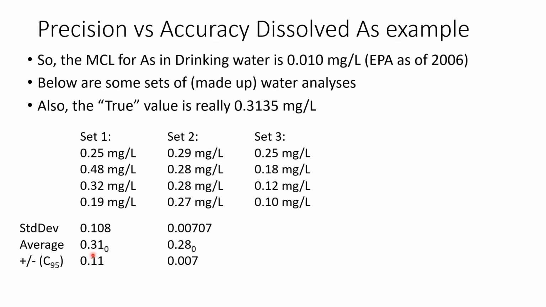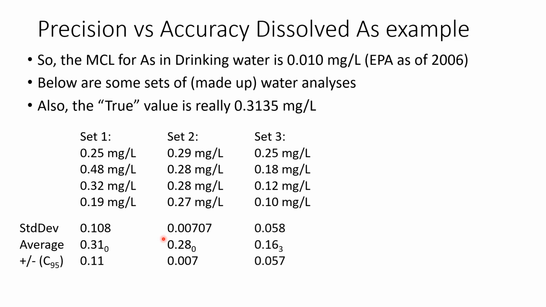So this one hits really close to the accepted true value, right? So this student did pretty well on getting the right answer. However, their measurements are kind of all over the place, and so their standard deviation was pretty terrible here. This one got right spot on same measurements, but their measurements are all clustered around the wrong spot.